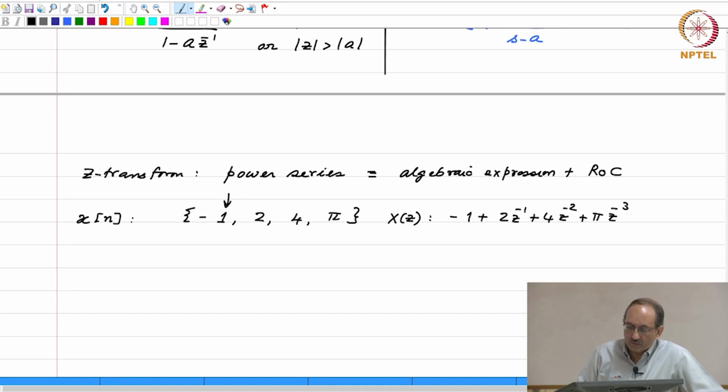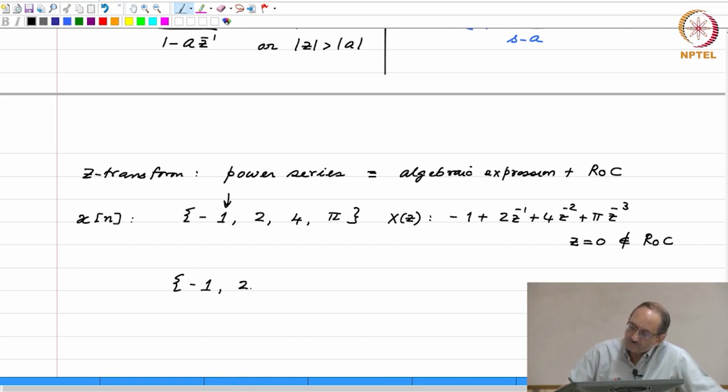And for what values of z is this expression valid? In the previous example when we saw a to the n u of n, we found that that was valid only for mod z greater than mod a. So, here is a simpler example, and this is valid for what values of z? z equal to 0 does not belong to the region of convergence.